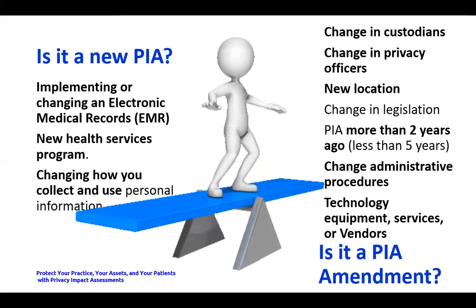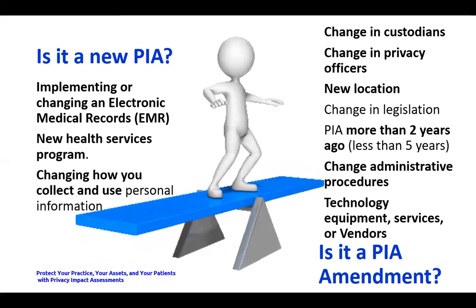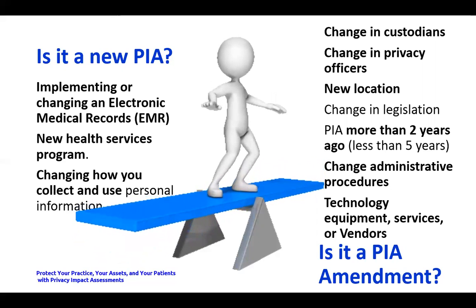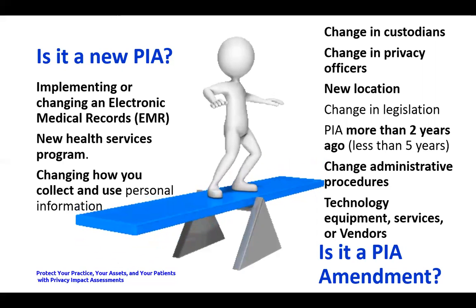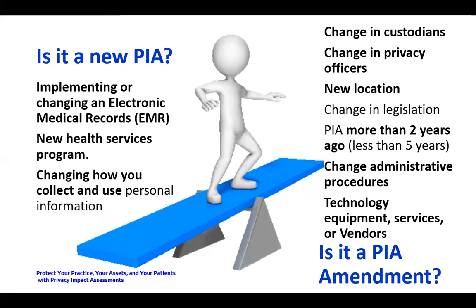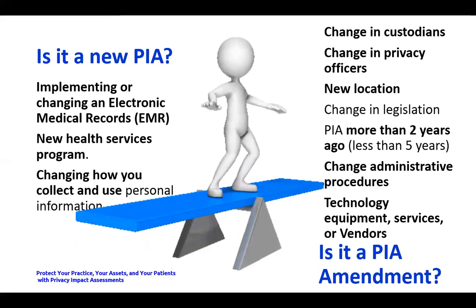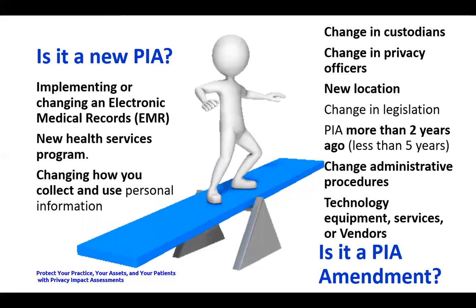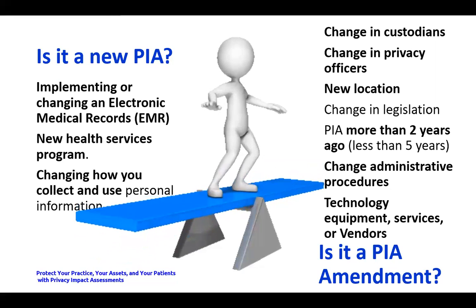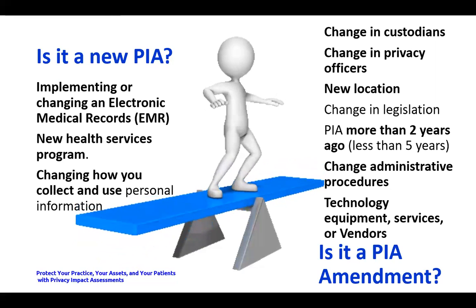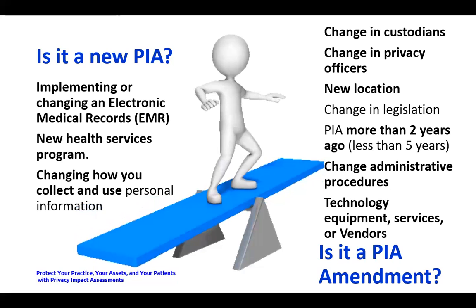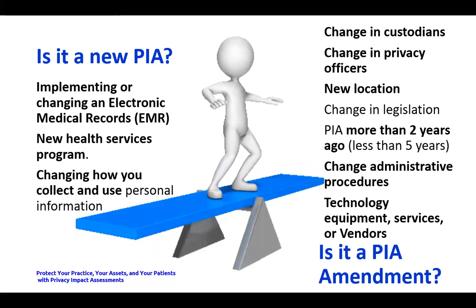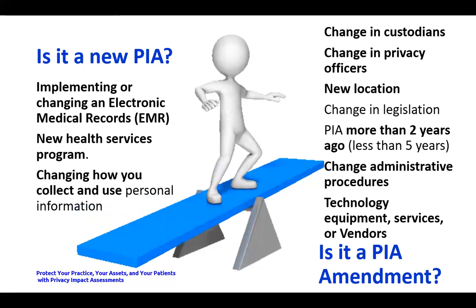Most clinics, a medical clinic, a chiropractic clinic, a variety of other organizations, have 1 or 2 or 3 privacy impact assessments. They've got the organizational policies privacy impact assessment. If you started with an EMR or practice management software, it includes that. And then perhaps you decided that you're going to have access to Netcare, and perhaps you decided to do telehealth. So that would be 3 separate privacy impact assessments.